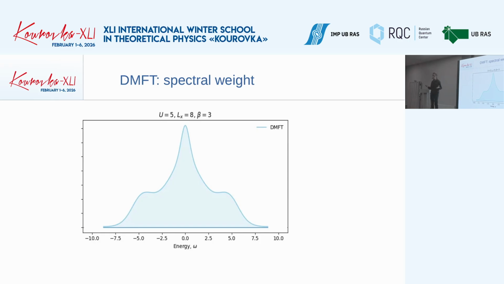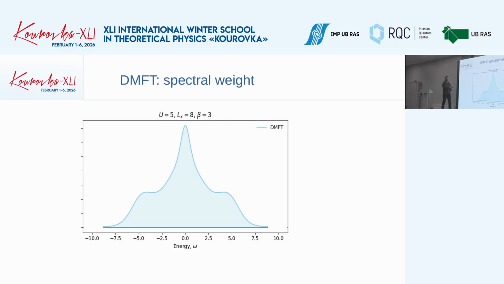So this is a purely local way to make the system insulating. But this is actually, at least in 2D, very far from what happens in the real system, because the system exhibits, as I told you, very strong antiferromagnetism.